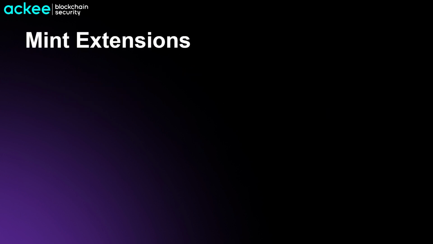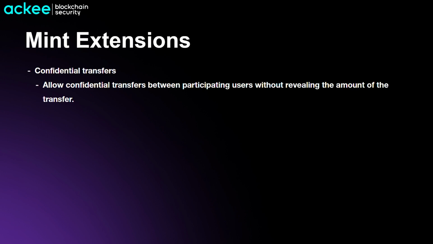Okay, so in more detail. Mint extensions, confidential transfers. The confidential transfers allow transfers between participating users without revealing the amount of the transfer. For this purpose, the Solana Program Library contains a really great PDF.